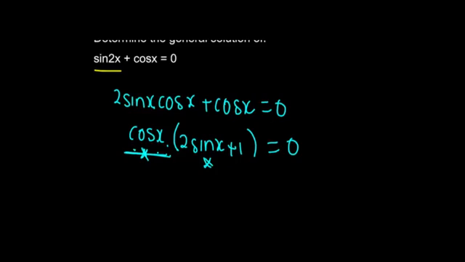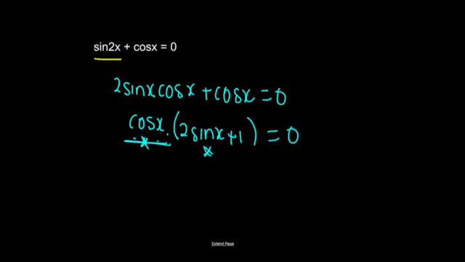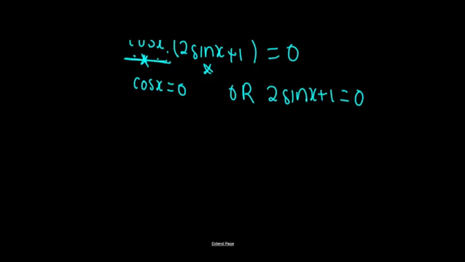So that's basically the same as quadratics. So we've got cos x is equal to 0, or 2 sine x plus 1 is equal to 0. Now we're going to solve each one individually.